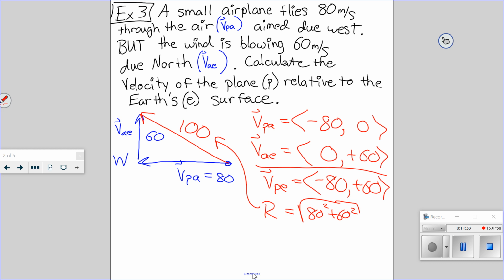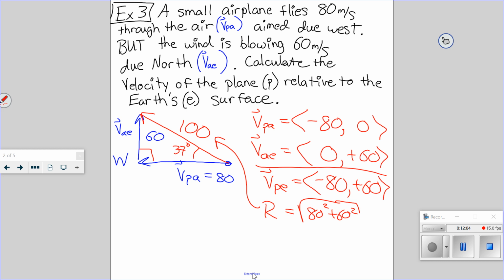So you could describe this as 37 degrees north of west. Or you could describe it as 143 degrees from east. If we go north, south, east, west, then our physics convention of measuring everything from x or east becomes really clunky. But it's reasonable. I have to accept those answers.